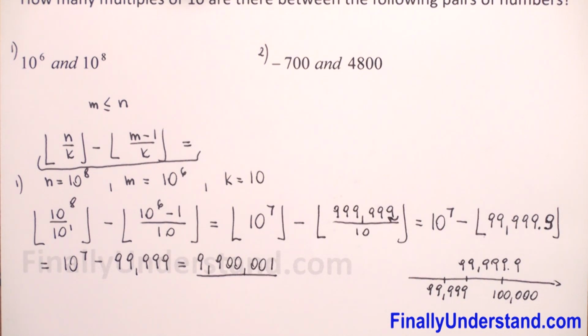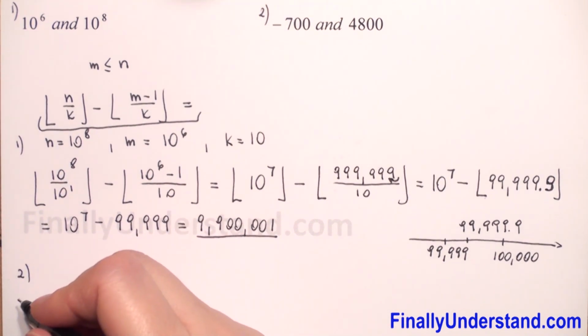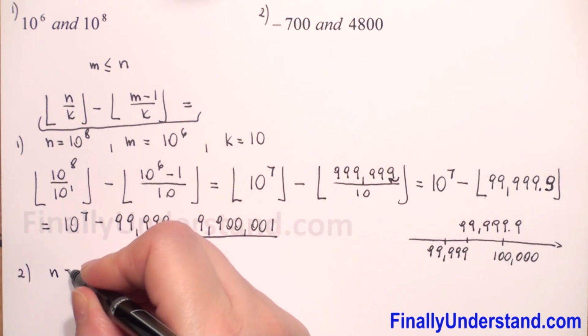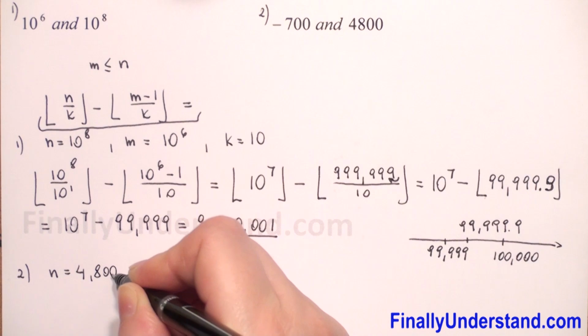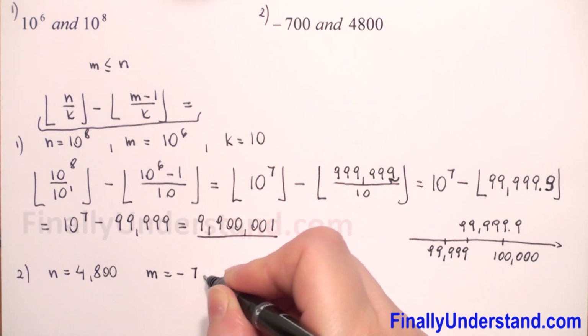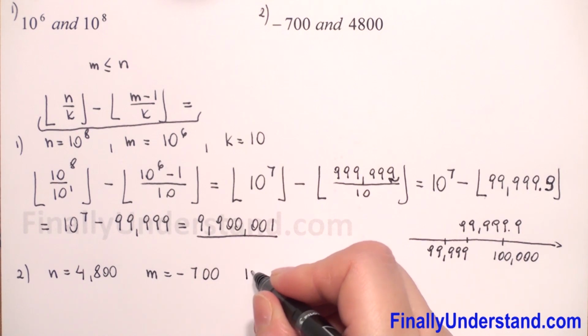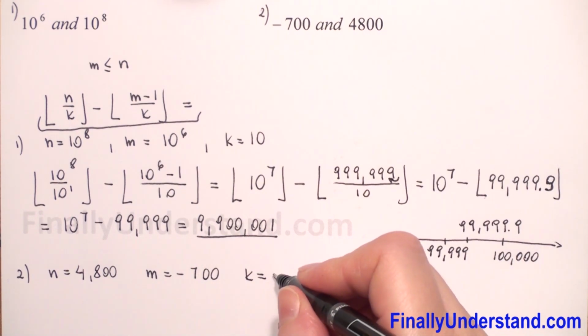And to the second, now we have that n is equal 4,800 and m is equal negative 700. K, number of multiples of 10 we have to find.